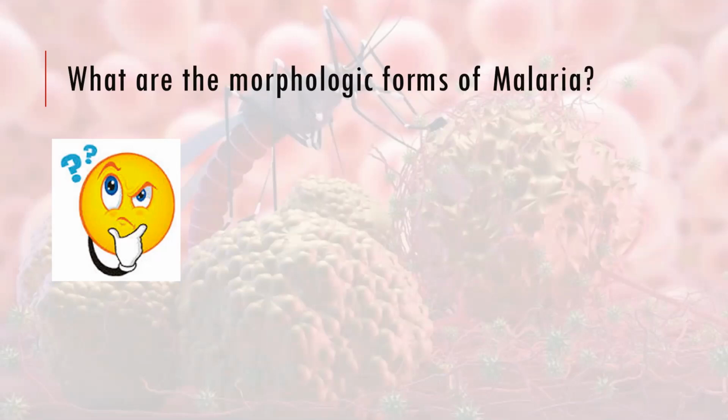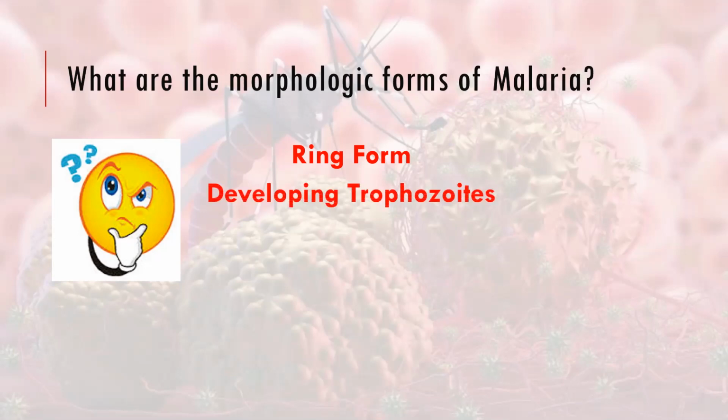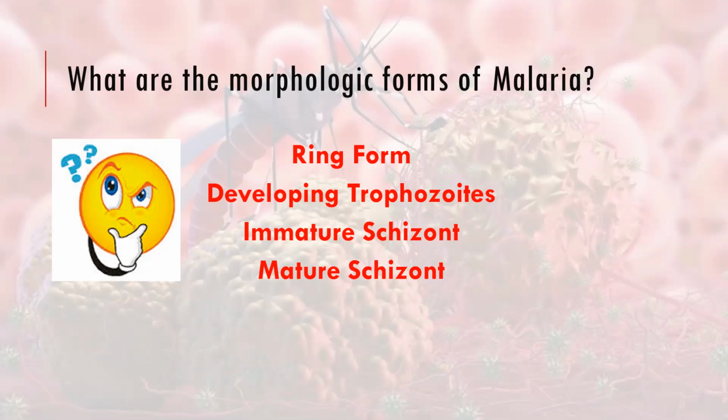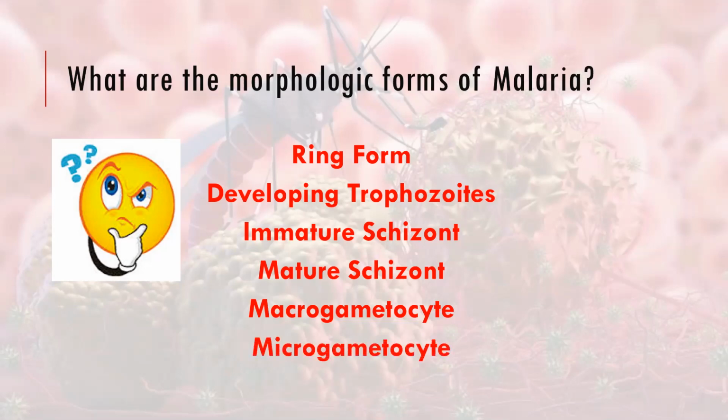There are many. Actually, this is just your cyst and trophozoite, in fact. But there are many. We have the ring form, the developing trophozoites, the immature schizont, the mature schizont, the macrogametocyte, and the microgametocytes.